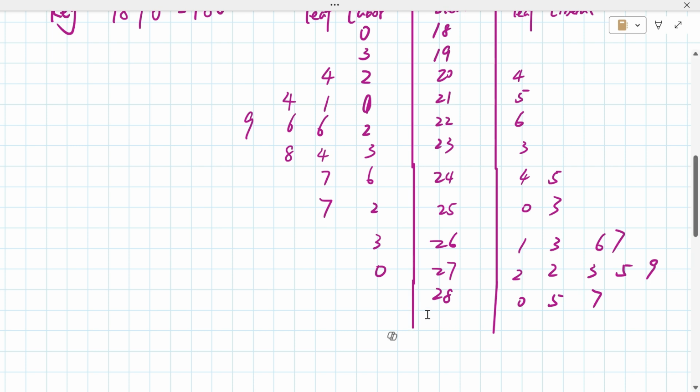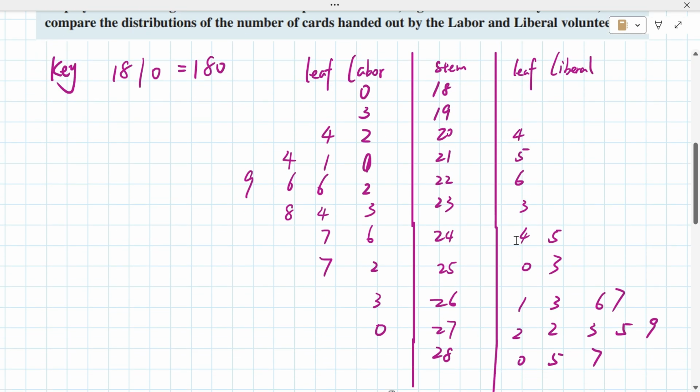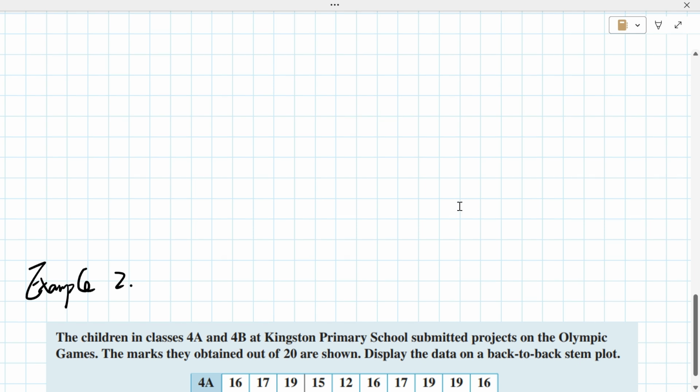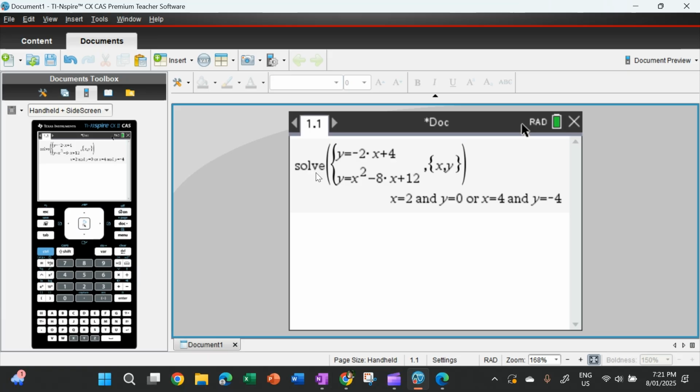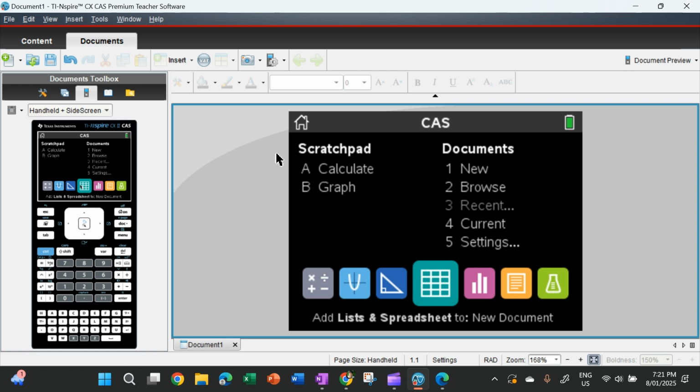Now we're going to use the CAS calculator to substitute this stem plot into. So we go to the CAS calculator and substitute all these numbers into the spreadsheet.